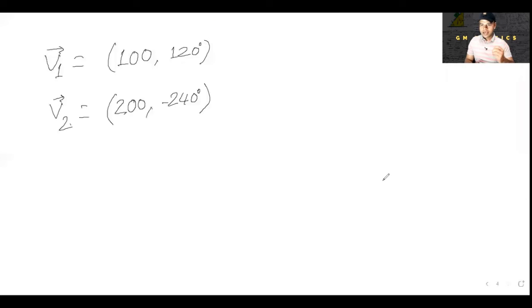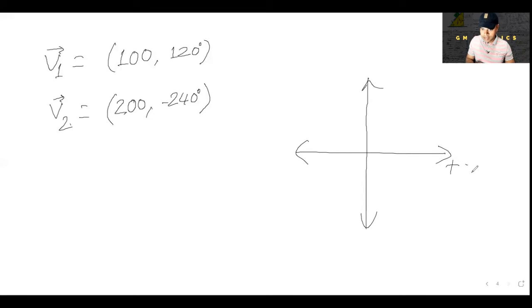All right, so let's take an example to understand what we have learned in polar form representation. For representing these two vectors which are given in polar form, first of all, simply draw the rectangular coordinate system. So this is my plus x, this is minus x, this is plus y, this is minus y, right? The first vector, v1 vector, is given as 100, 120 degree.